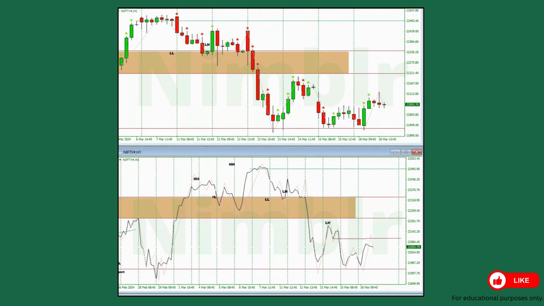Now you'll always find that when you have these lower highs, right, this is also another lower high, right? Now this low before the lower high, the low, I'll say low before the lower high becomes very difficult to cross.